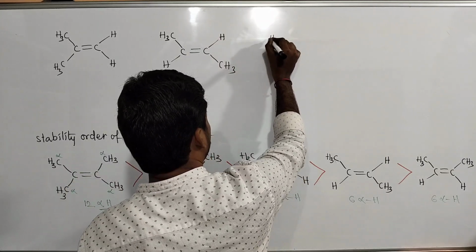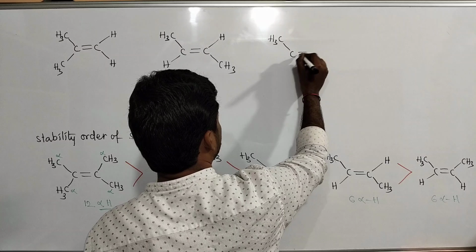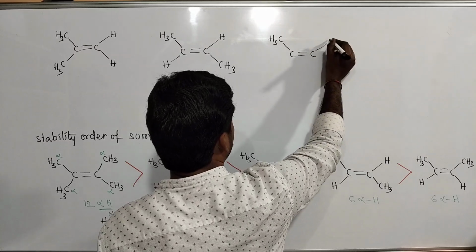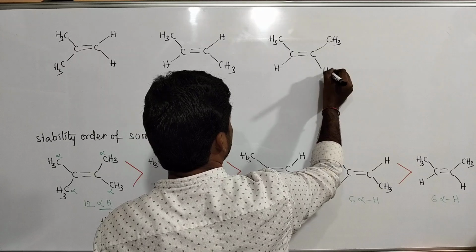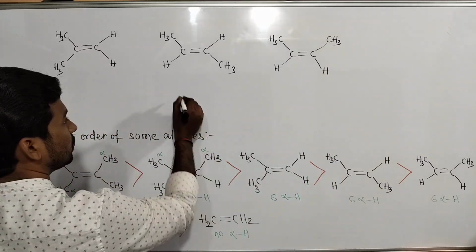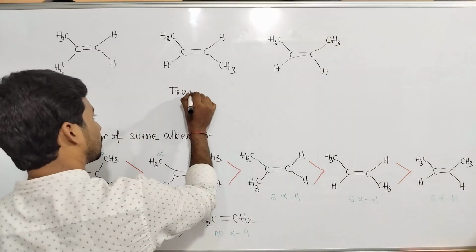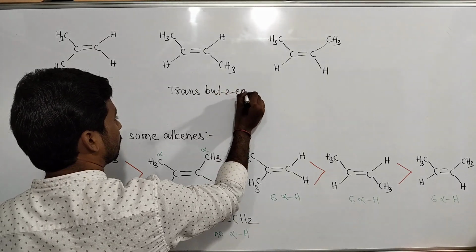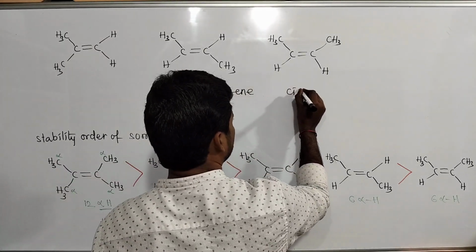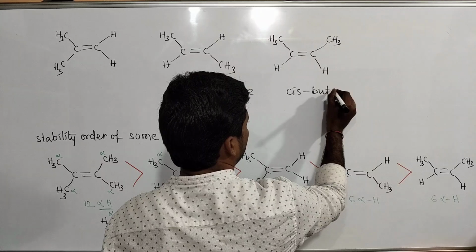Here cis, next I will write cis: CH double bond CH. This is trans-butene, and this is cis-butene.